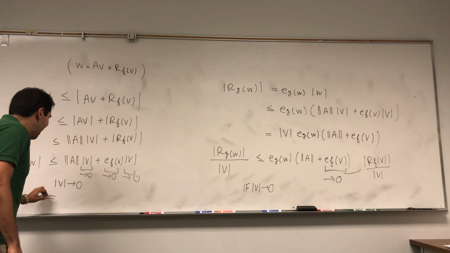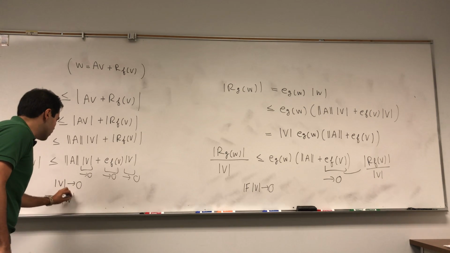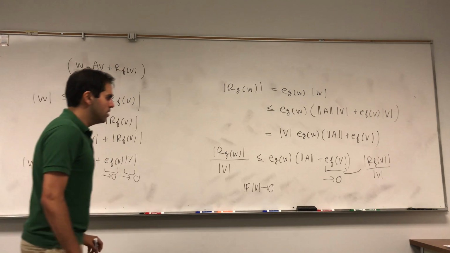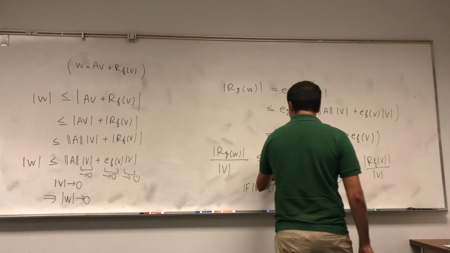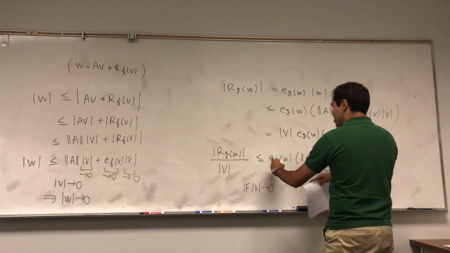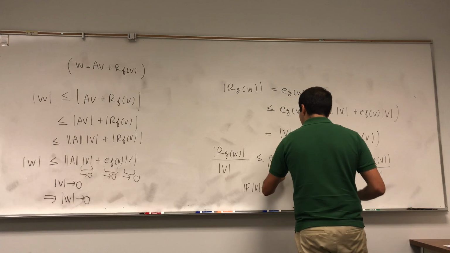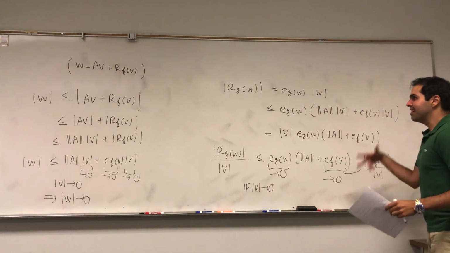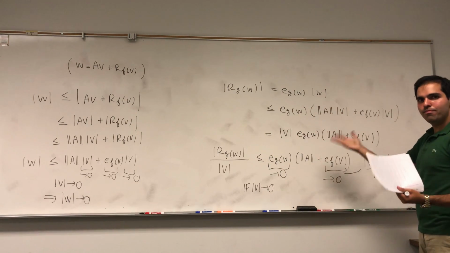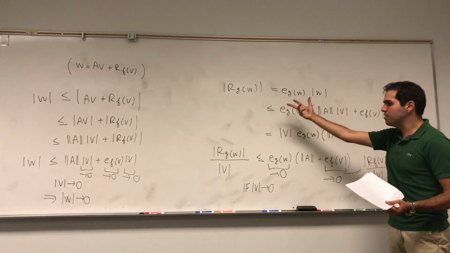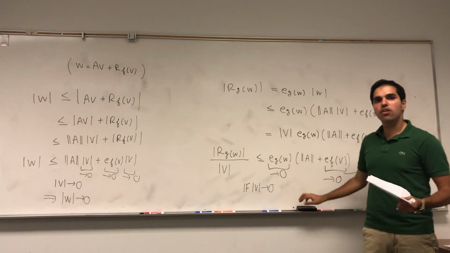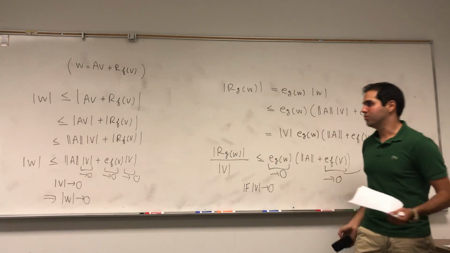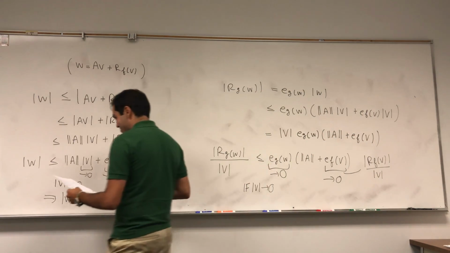So in fact, w goes to 0 as well. And because w goes to 0, by definition of Eg, this also has to go to 0. So indeed, this remainder term, if v goes to 0, it goes to 0.